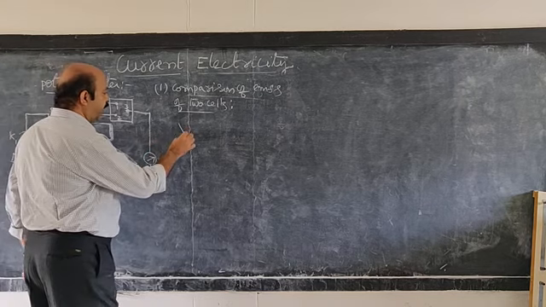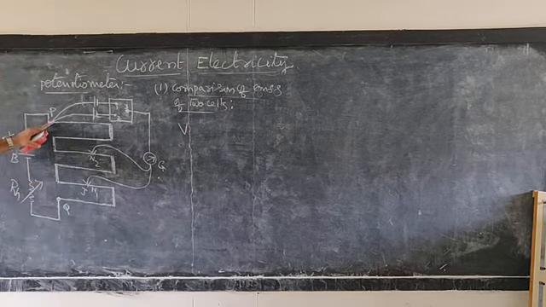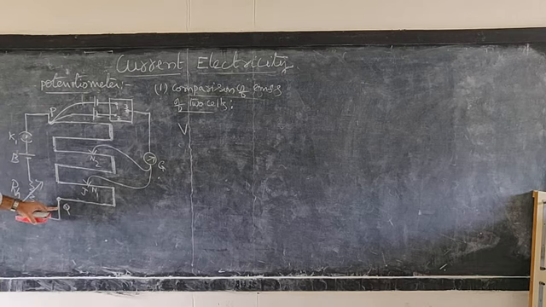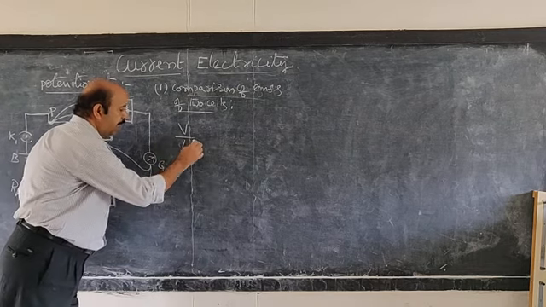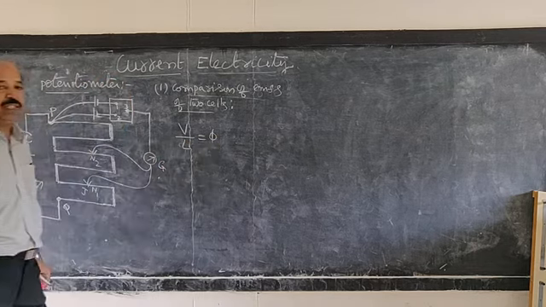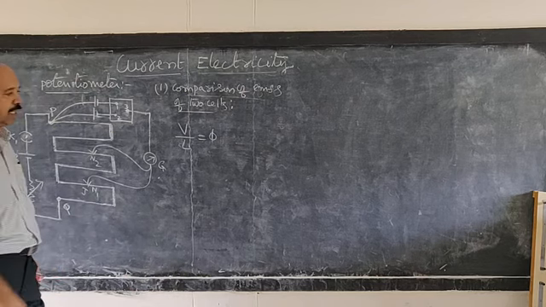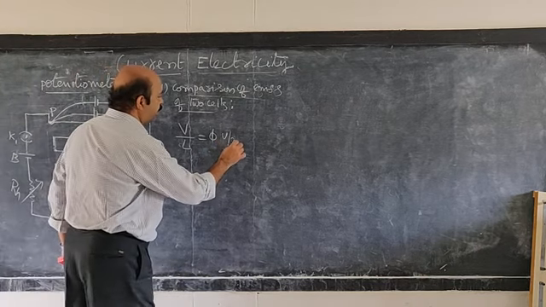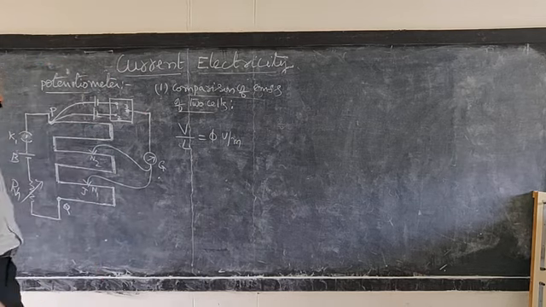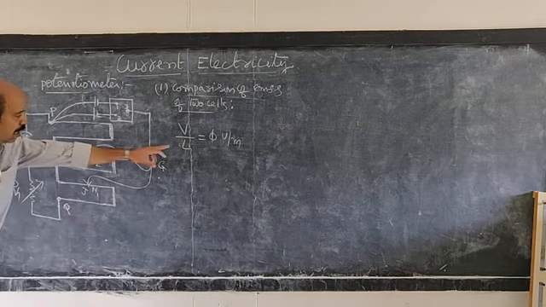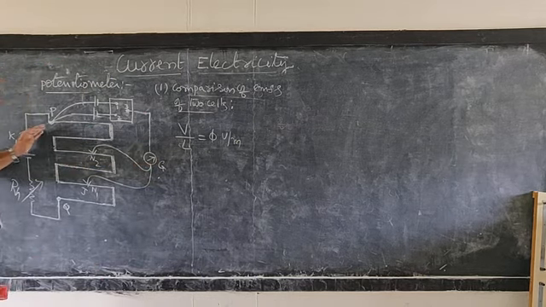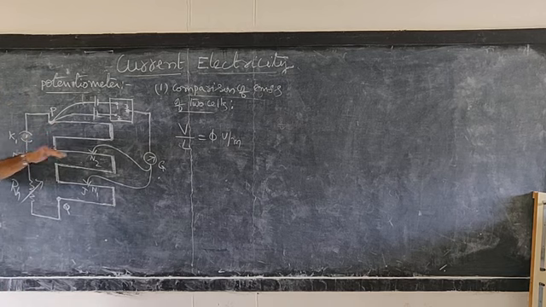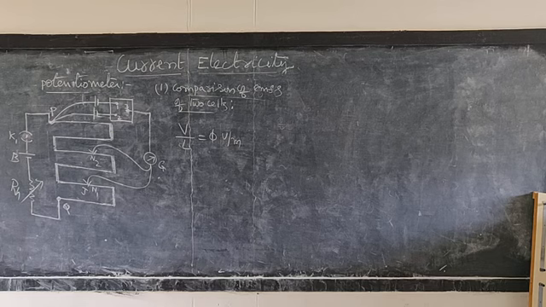That is, if V is the potential difference between the points P and Q and L is the length of the wire, then this voltage drop per unit length is constant. So that is volts per meter or volts per centimeter. This quantity is constant for every unit length of the potentiometer wire. So that is called the principle of potentiometer.